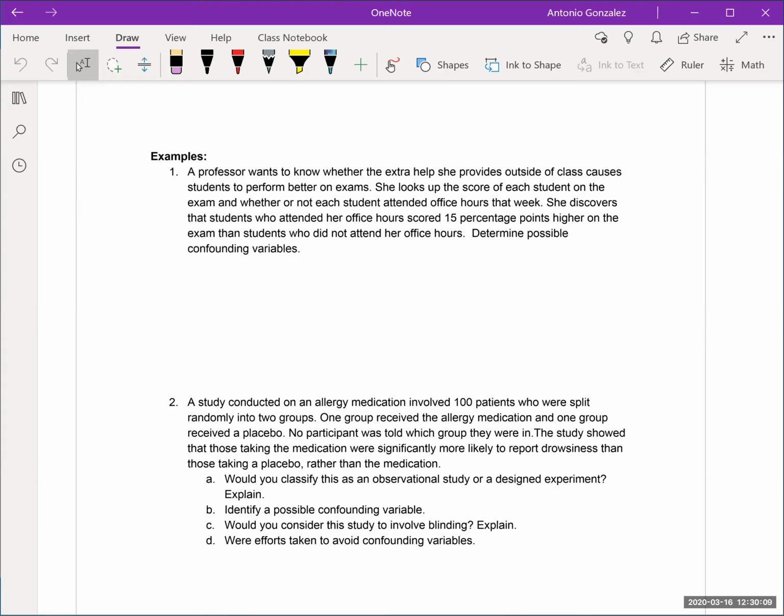Okay, so why don't you guys take a minute here, think about that question, look at the previous examples we did, right? And I would like a couple of you to chime in on the chat to see what might be a possible confounding variable for this situation.